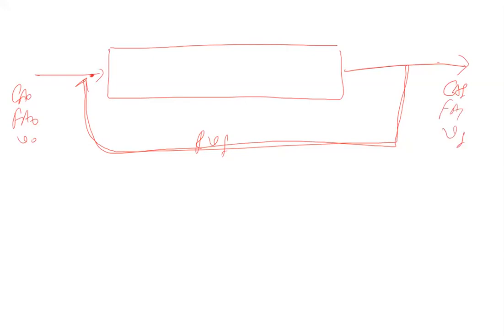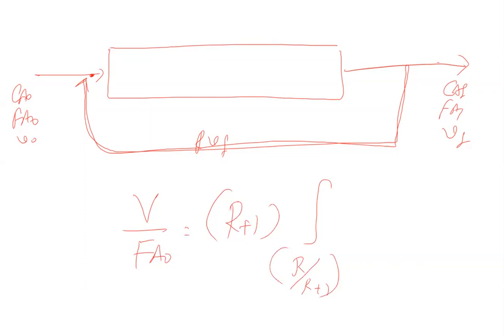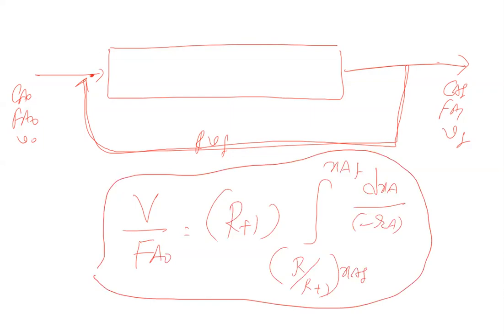If you do this derivation, the derivation is not important. Finally, the performance equation you will get is V by FA naught is equal to R plus 1 into the integral from R by R plus 1 into XAF to XAF of dXA by minus RA. This is your recycle reactor.